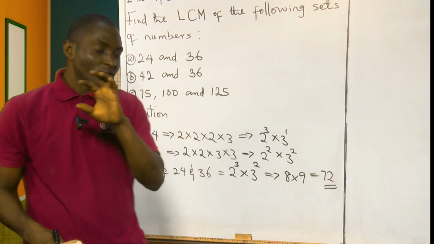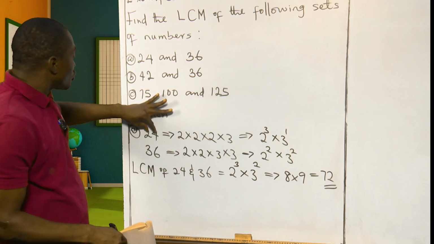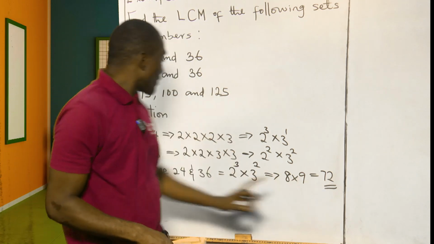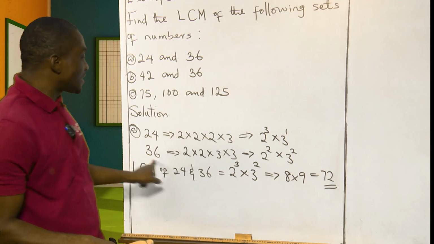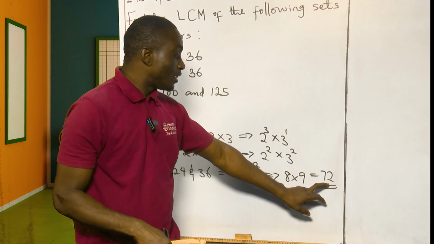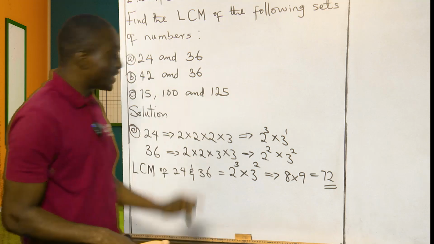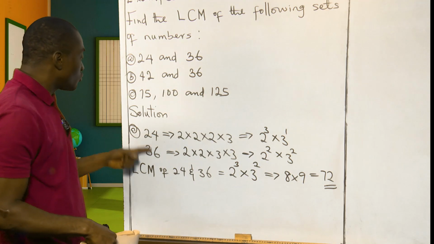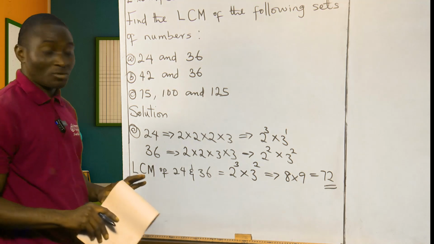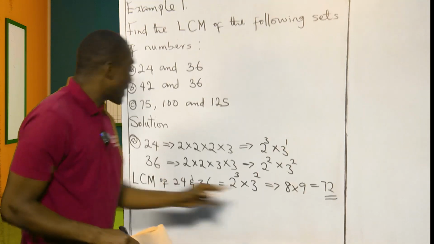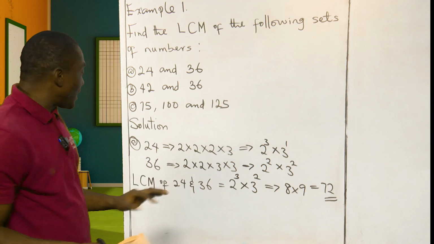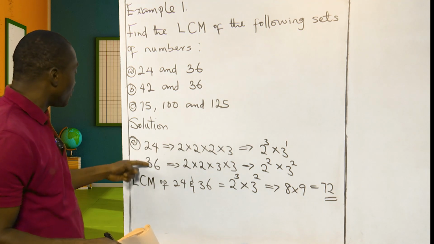The implication of this is that 24 is a factor of 72 and 36 is a factor of 72. That is, 72 can be divided with no remainder by each of these given numbers.